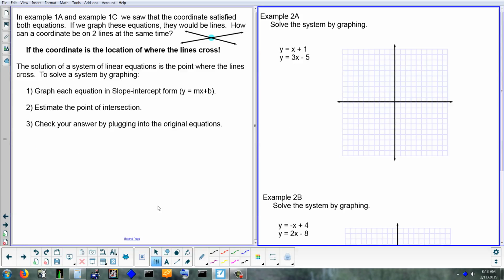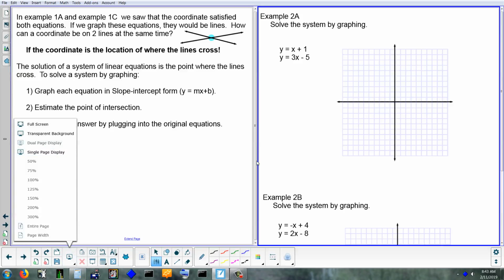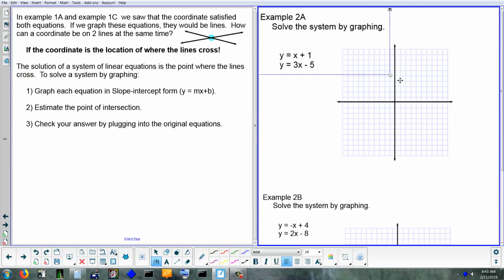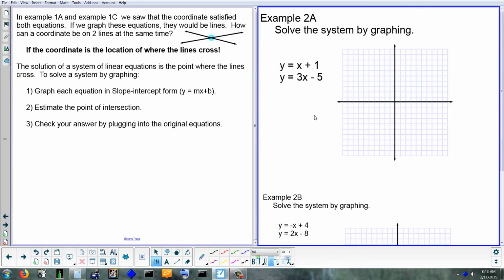So, first one. Where am I going to start? That first equation, where am I going to start? At what number, and on what axis? Okay, I want to graph the first equation first.